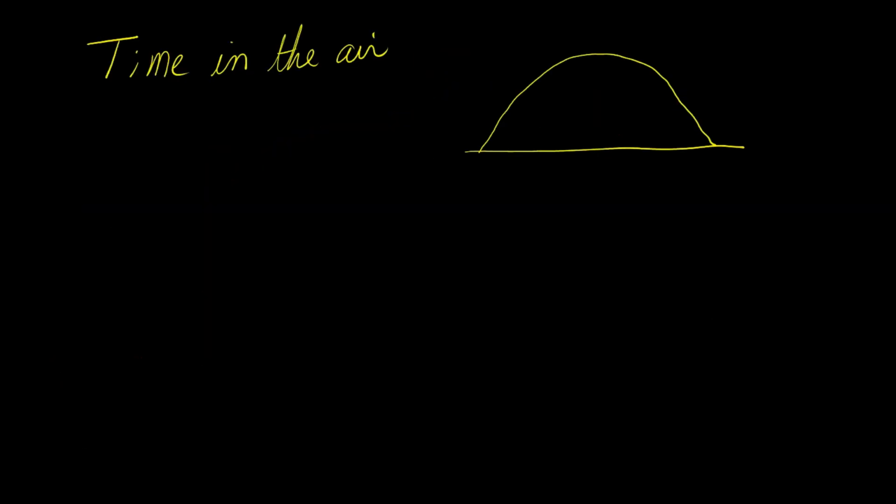In this video, we're going to assume that the object starts and stops at the same height, or like y equals 0. We know that at the top, the velocity is 0 for the y. So we can say that the final velocity y is equal to the initial velocity y plus gravity times time. This is 0 at the apex.